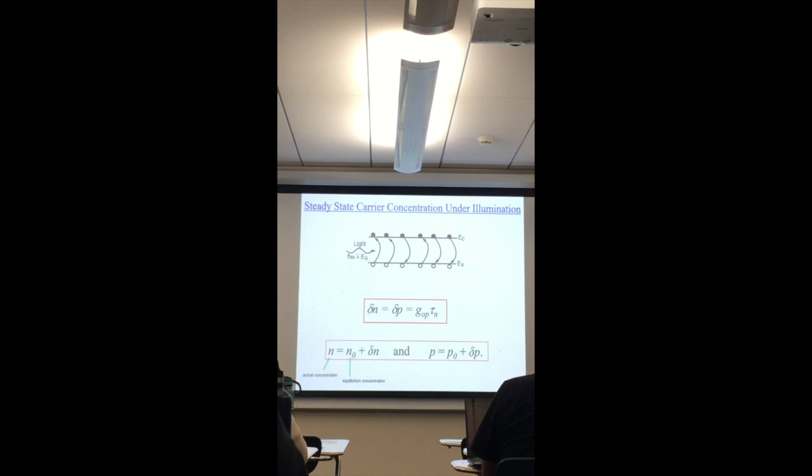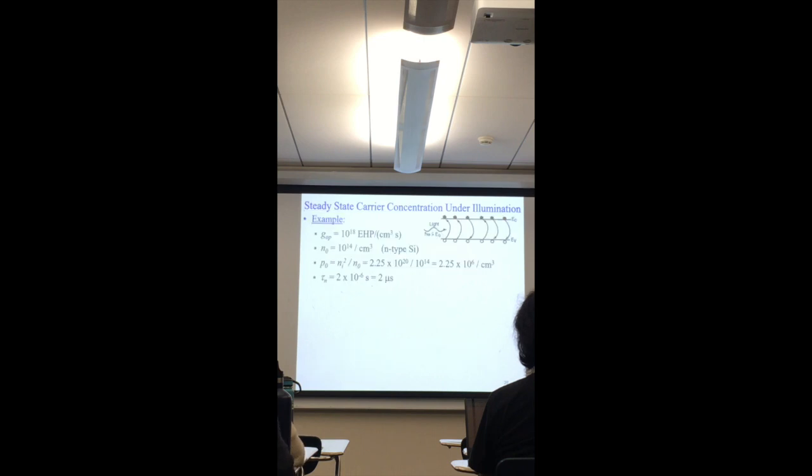So we basically want to use the first equation to determine this delta N and delta P, because we already know G and tau, then these two can be determined easily. So delta N and delta P is basically the optical generation rate times the recombination lifetime.